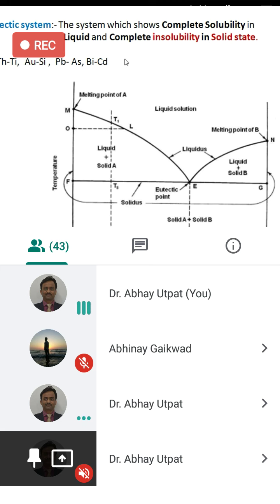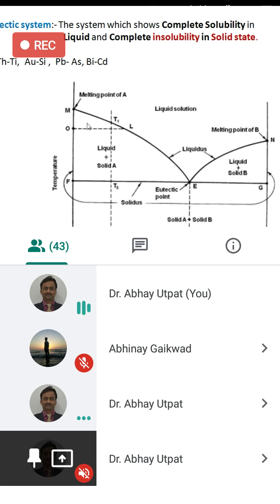So at point T, you are on the liquidus. As soon as you come below T, you are entering liquid plus solid. So the amount of solid goes on increasing and the amount of liquid goes on decreasing. So you are at point T and coming down to TE.